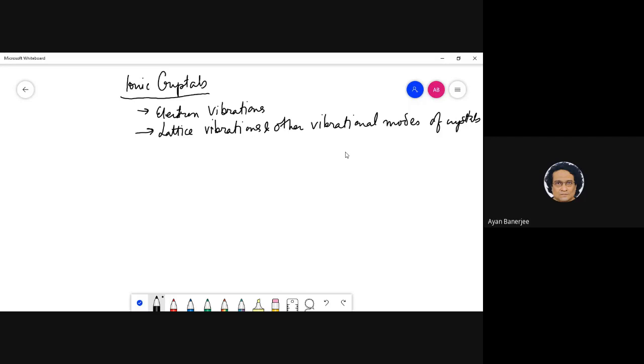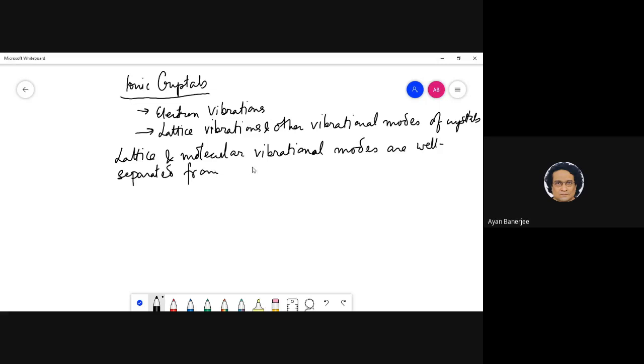But the way to approach this is that the lattice and the molecular vibrational modes are, this is very crucial, well separated from the electronic vibrations.